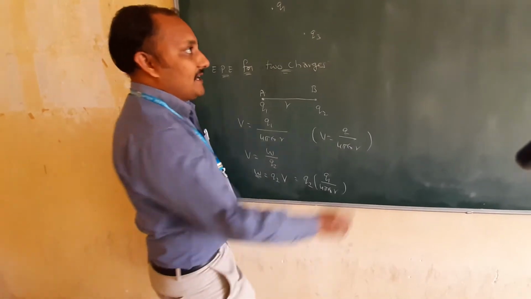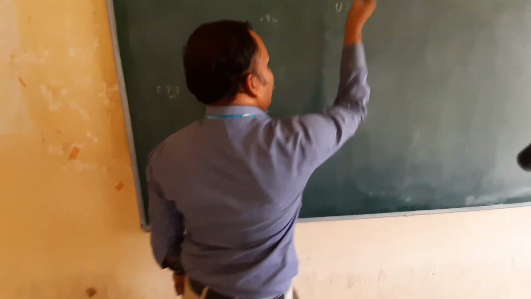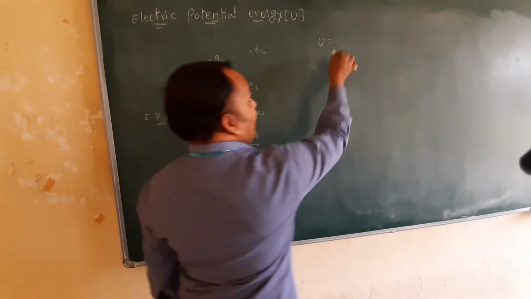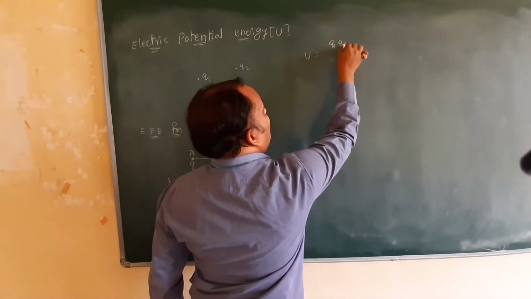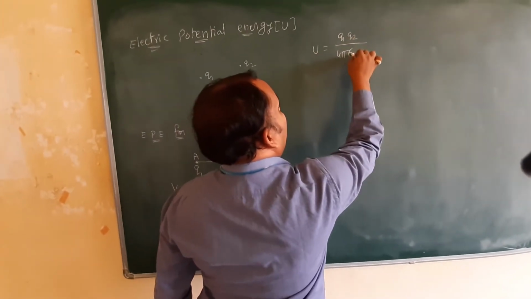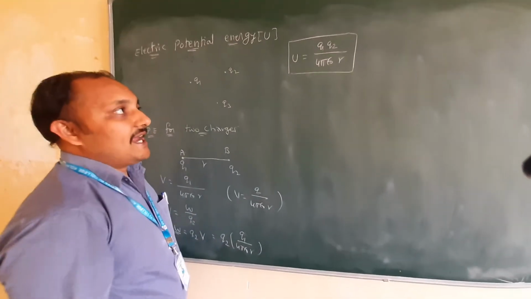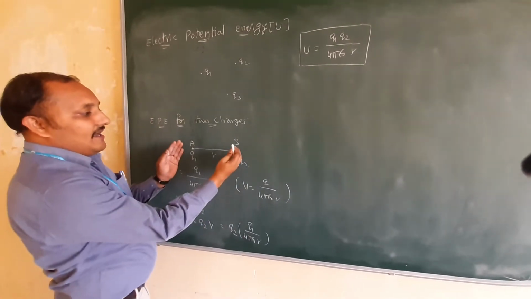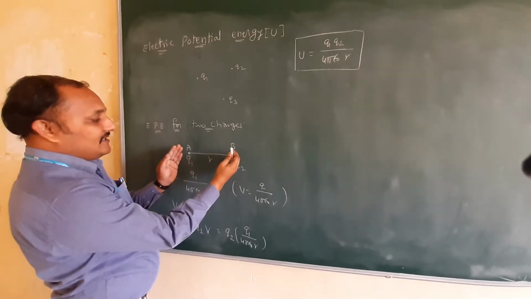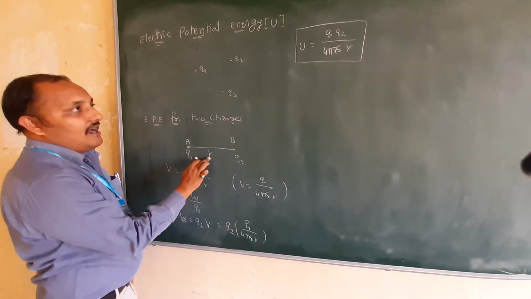So U is equal to Q1 Q2 by 4 pi epsilon naught R. This is the electrostatic potential energy for assembling two charges at some separation R.